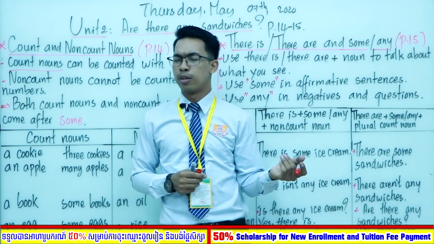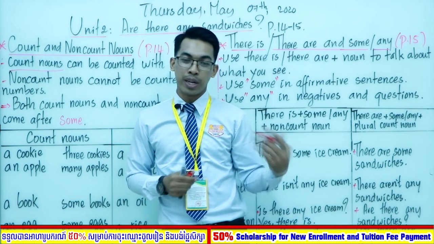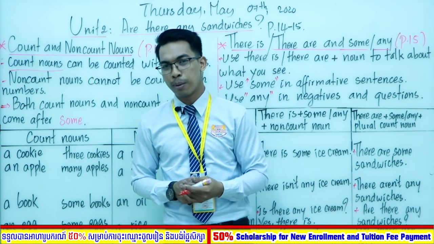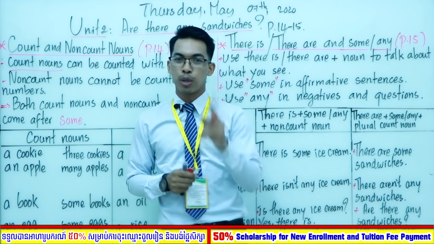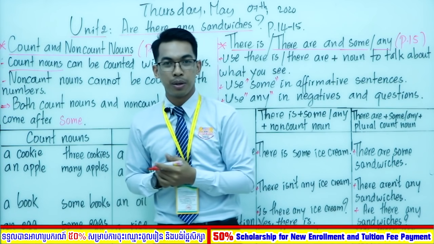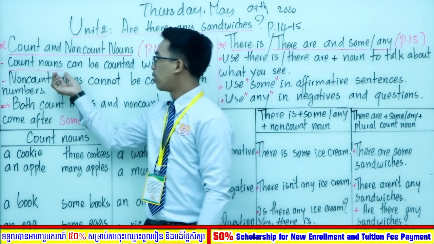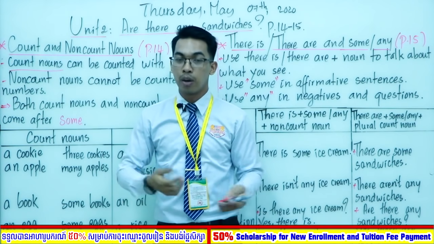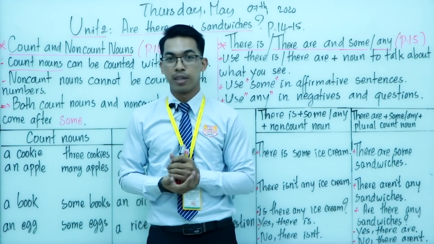Like in your house you have windows. Can you count windows, everyone? Your house has 2 or 3 windows, so you can count 1, 2, 3. Got it? Very good. To sum up, count nouns are the nouns that we can count with numbers 1, 2, 3, 4, 5.